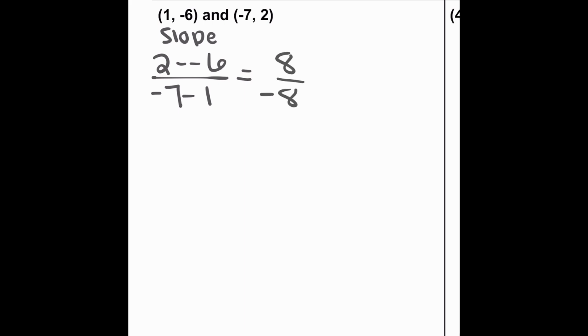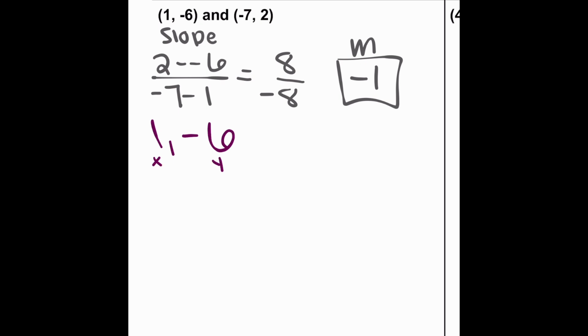First, find the slope. 2 minus negative 6 over negative 7 minus 1. You get 8 over negative 8, so you have a slope of negative 1. Then pick a point. I'm going to pick the point 1, negative 6. This is x, this is y.